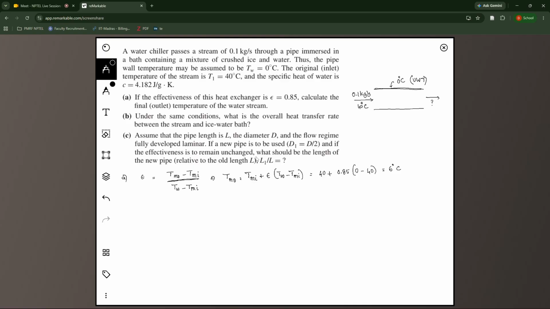Now we'll move on to the next case, where you have to find the overall heat transfer between the stream and the ice water bath. This should be straightforward, right? You can apply an energy balance across the entire pipe and then calculate this. How do you do that?